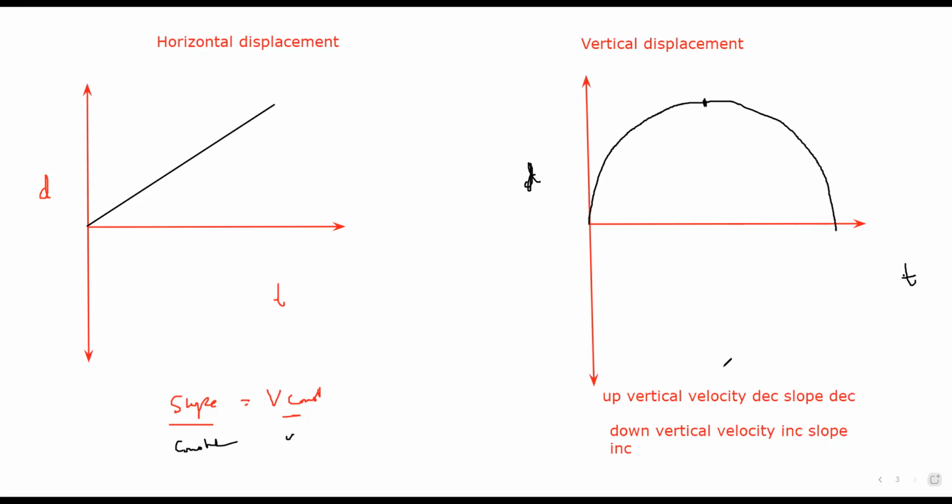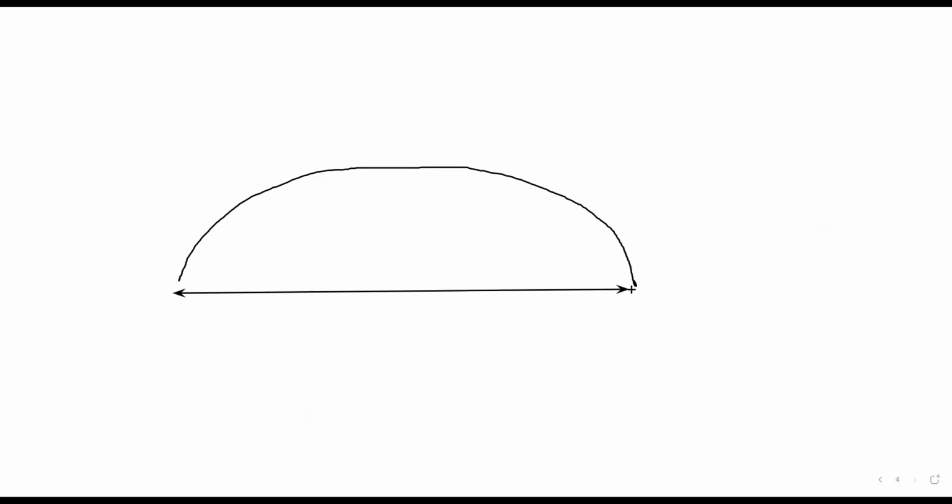And for a projectile, as a projectile travels, the maximum horizontal distance traveled by the projectile is called the range. And the maximum vertical displacement is known as the height reached by the projectile.